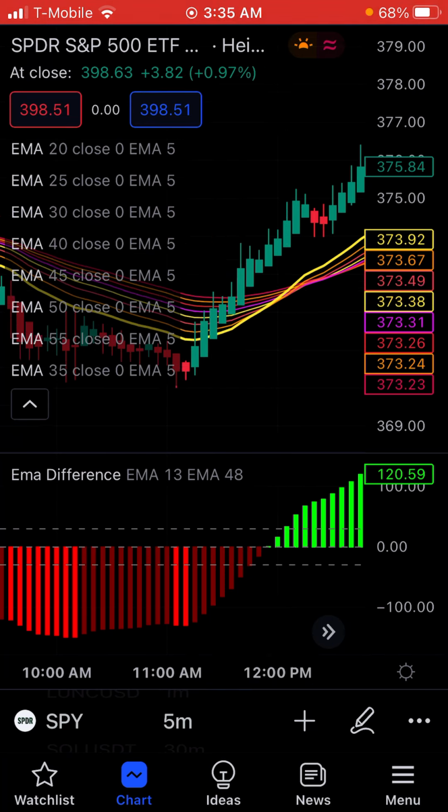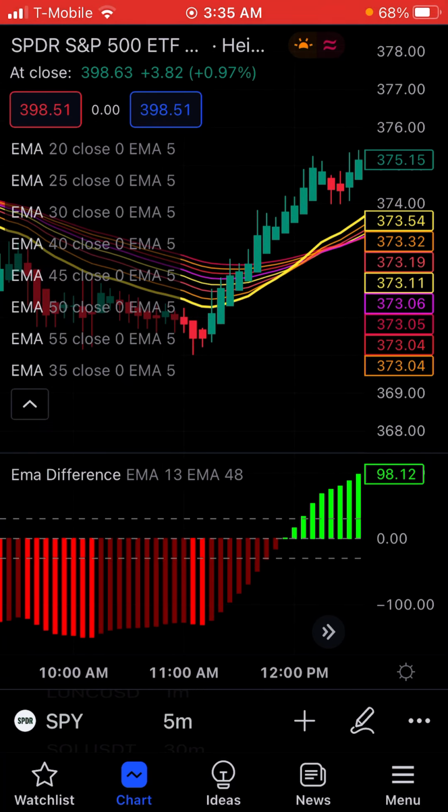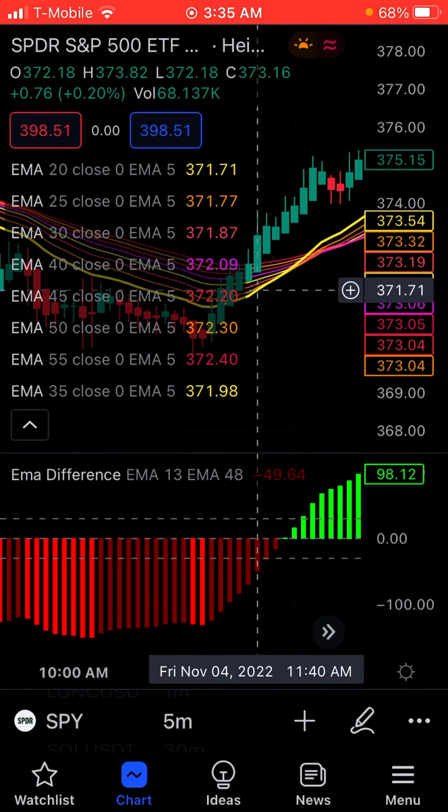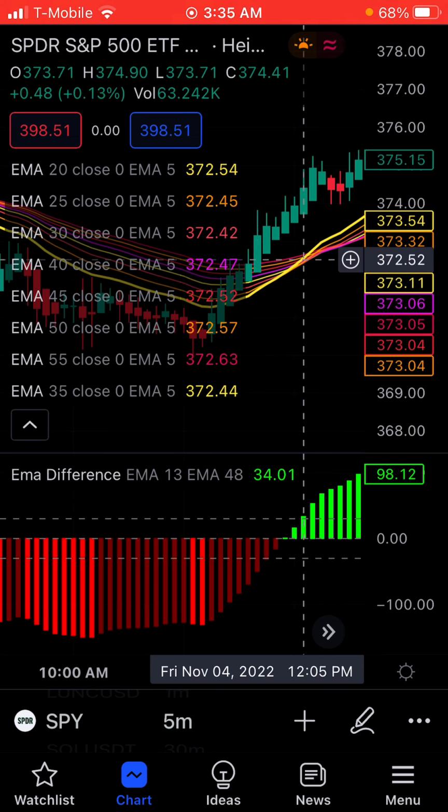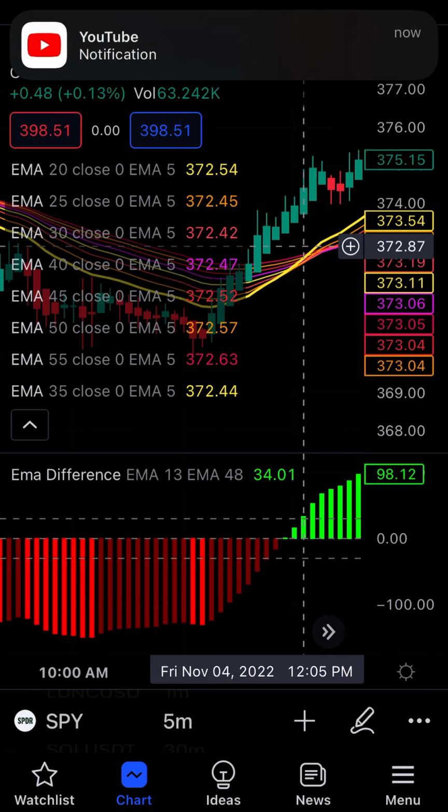That's how you know to make your move. So if you're doing the stock market and its trend is going up, if the 20 EMA is going up like it is right here, and it has collided with the 55 EMA right here, that's your signal.